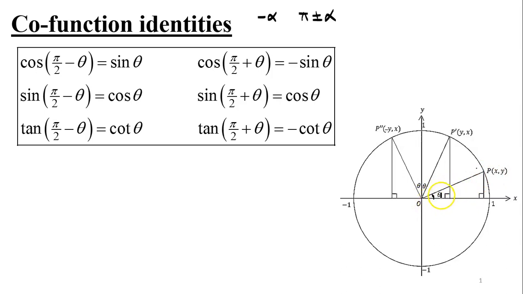Now, over here, if this is the measure of angle theta, then by subtracting theta from the vertical axis, since we're subtracting theta from pi over 2, this whole angle would in fact be pi over 2 minus theta.